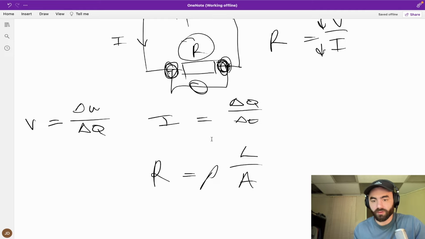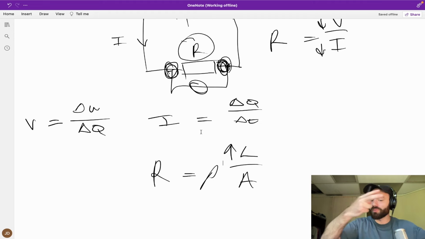And the length, if we increase the length of our material, well, it's longer, so it has more resistance, right? It's longer, it's harder to get through. And if we decrease the area, this will also increase the resistance, right?